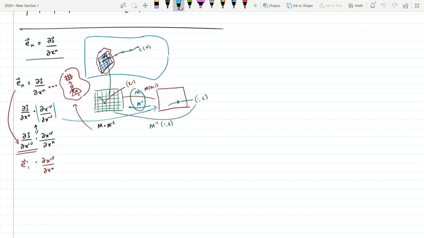Sorry. Does everyone see this? So if I write out the full equation now, it means this is E prime mu, is E mu. So I've written out an equation where my old basis vector and new basis vector are related in this way.